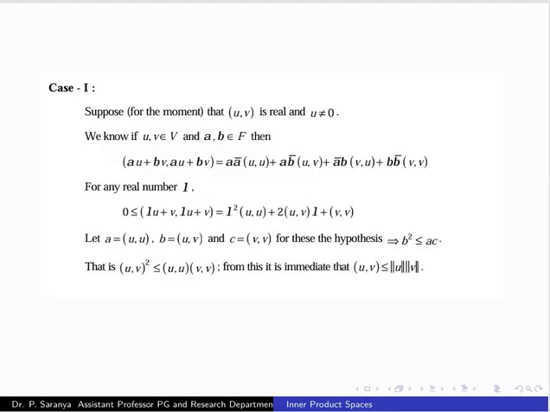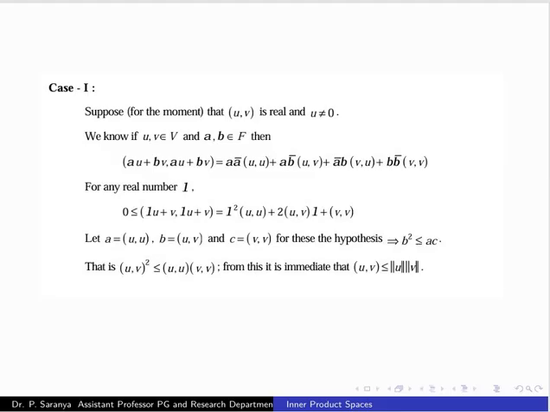For any real number t, 0 is less than or equal to the inner product of (tu + v, tu + v), which equals t squared inner product of (u, u) plus 2 inner product of (u, v) times t plus inner product of (v, v).